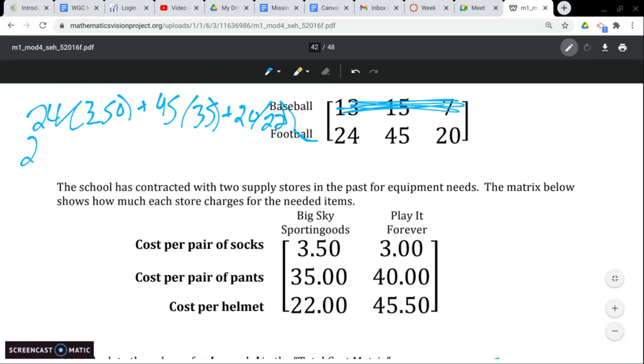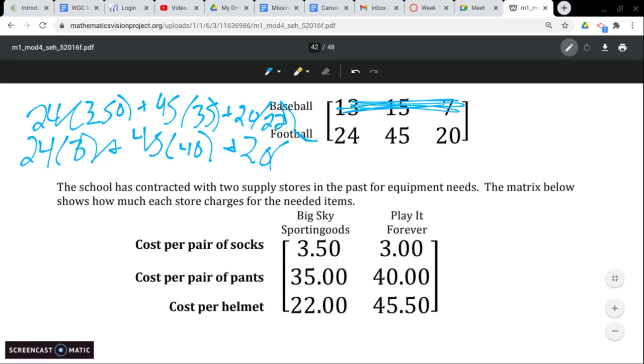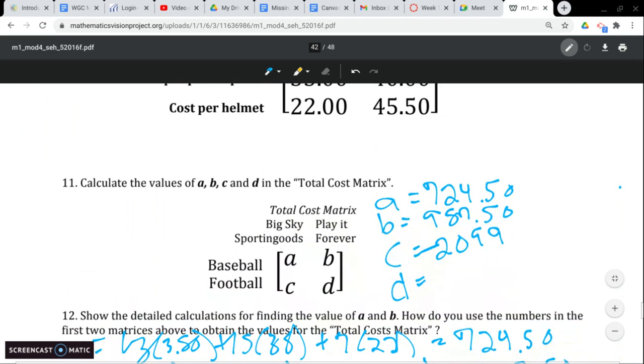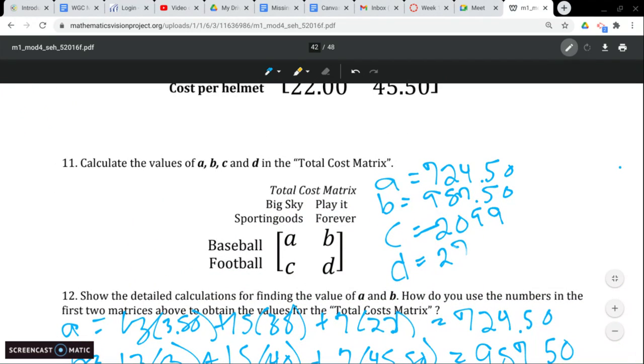So we're going to do 24 times 3 plus 45 times 40 plus 20 times 45.50. When we multiply all that and add them together, we find that it's $2,782. So now looking at this, they would be able to determine where they want to buy their merchandise from for the best cost.